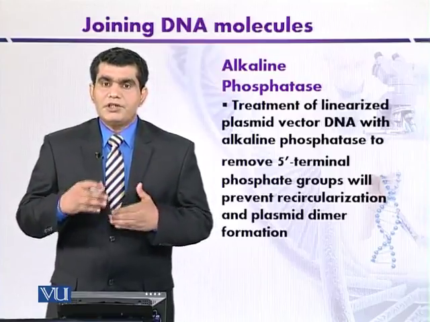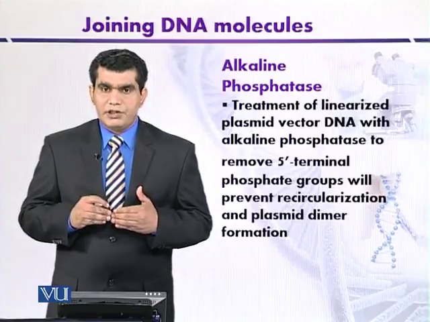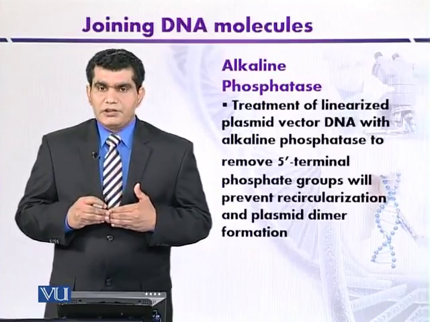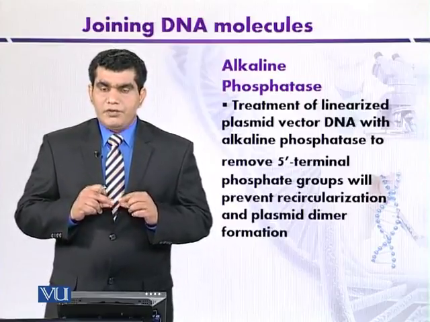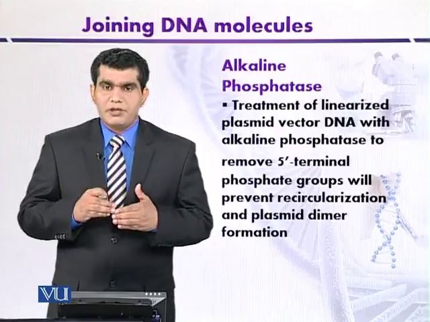So by treating with alkaline phosphatase, one can prevent the recircularization of the vector DNA as well as the dimer formation.